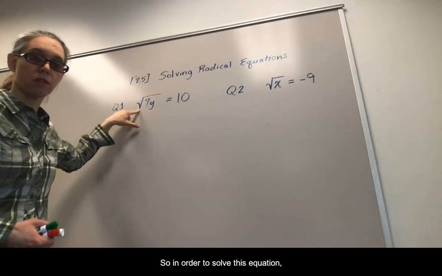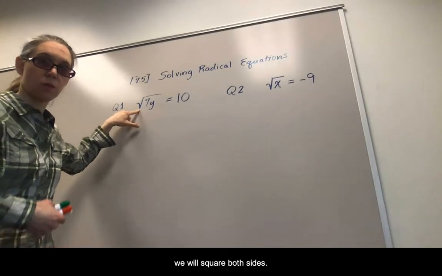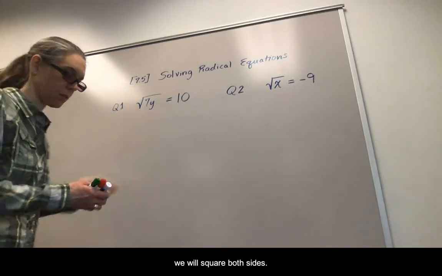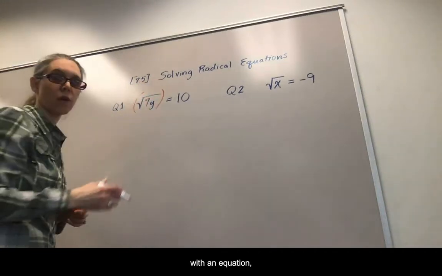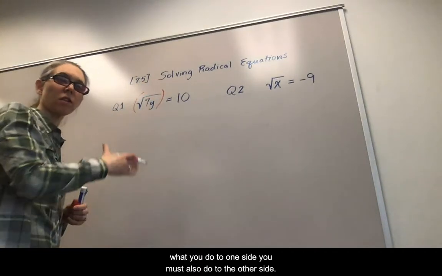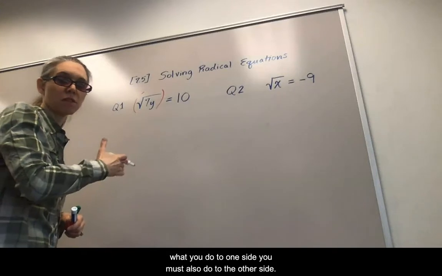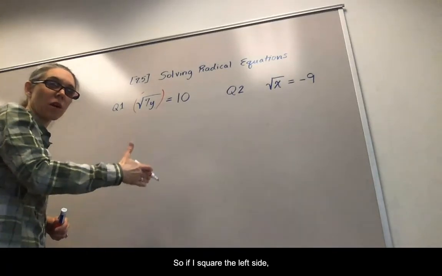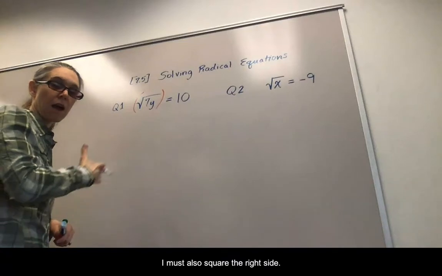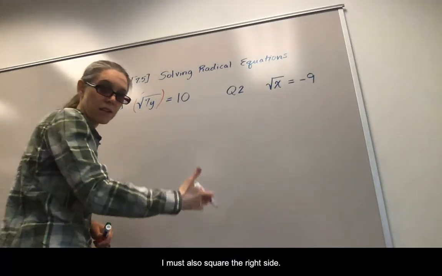So in order to solve this equation, we will square both sides. Remember, with an equation, what you do to one side, you must also do to the other side. So if I square the left side, I must also square the right side.